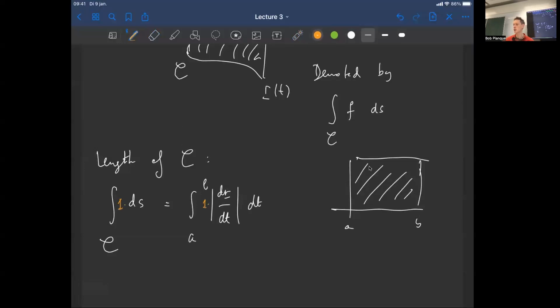It is not so surprising that if I want to do this for other densities, the only thing that changes is that this 1 now becomes f. And rather than just integrating f, I also have to take into account that I am going to go through this curve with a certain speed. This is what this absolute value dr dt signifies.